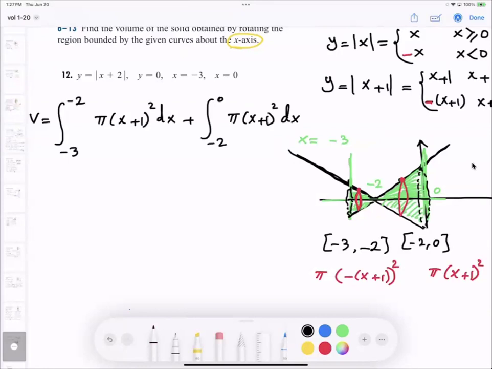So basically you can combine these two together. The volume is the integral from negative 3 to 0 of pi (x plus 1) squared dx. For this, you can use u-substitution, or you can just calculate the integral by writing it in expanded form. Either is fine.